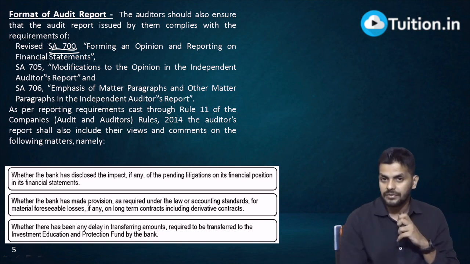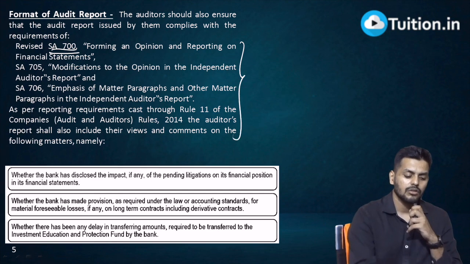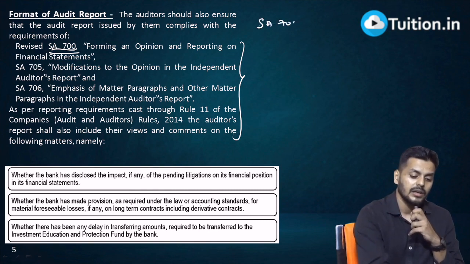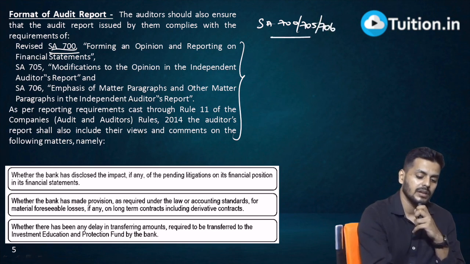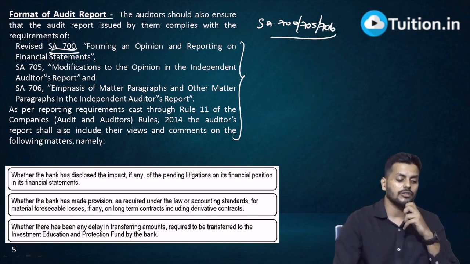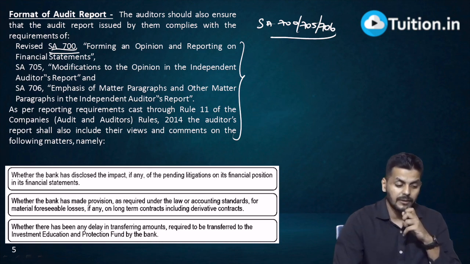And if there is any modification or EOM paragraph, you go by the same reporting requirements. Okay, what are the same reporting requirements? SA 700, 705, 706, 3 standards.